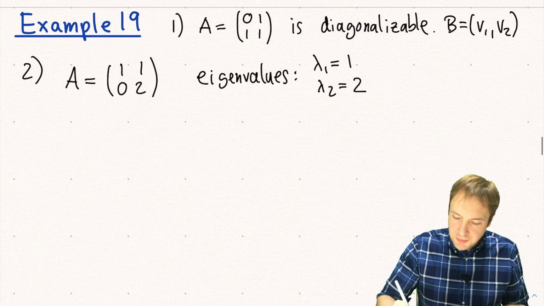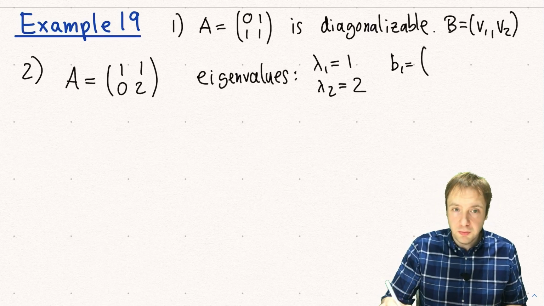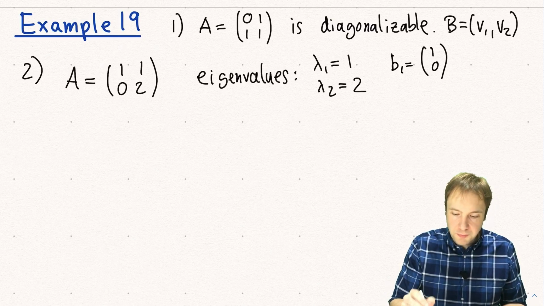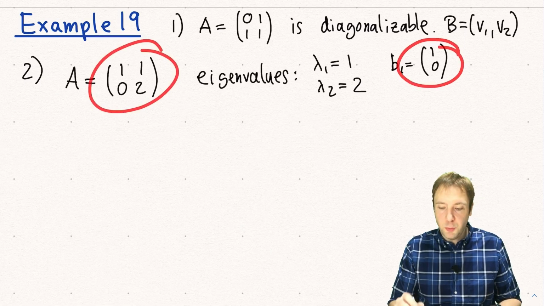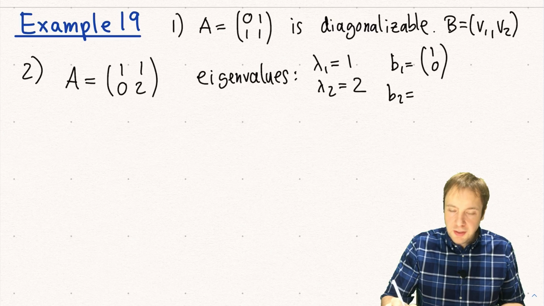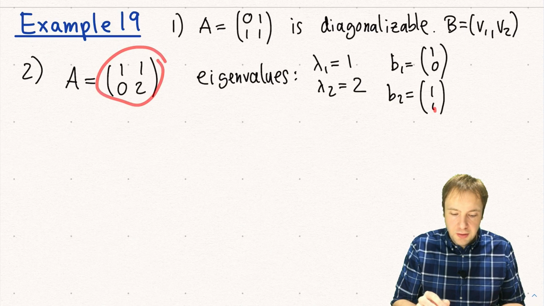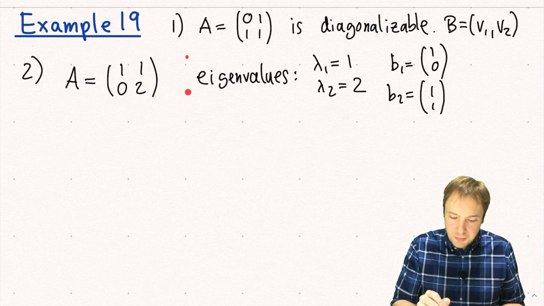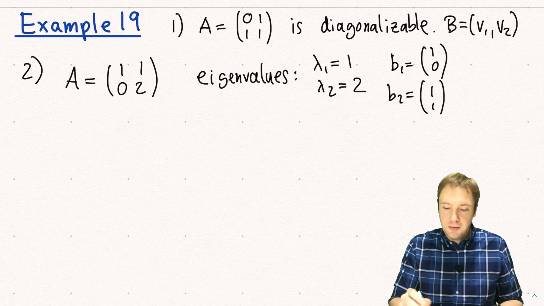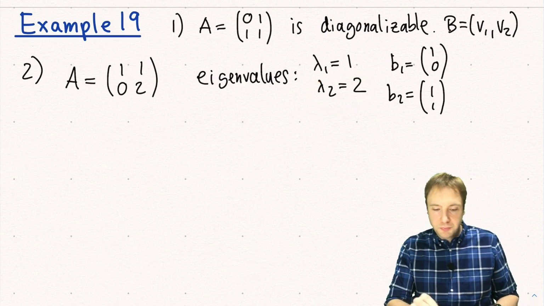And you can check that the eigenvector to this eigenvalue 1 is, for example, 1, 0. Because if you multiply this matrix with the vector 1, 0, it's 1 times this vector. And if you take this vector here, 1, 1, and multiply this matrix with it, I get 2, 2. So it's 2 times this vector, and therefore this is an eigenvector to the eigenvalue 2.